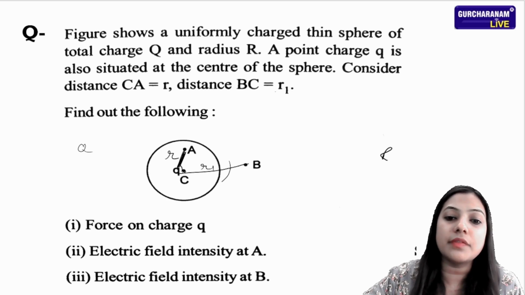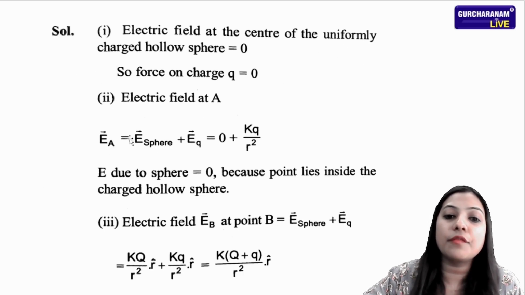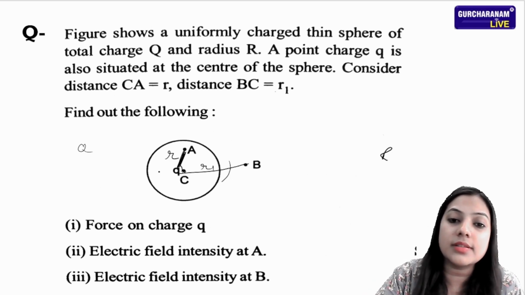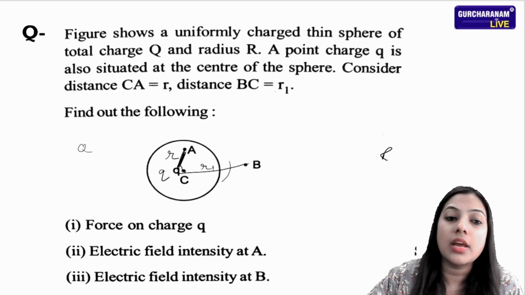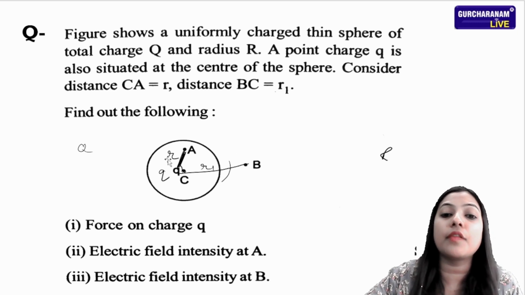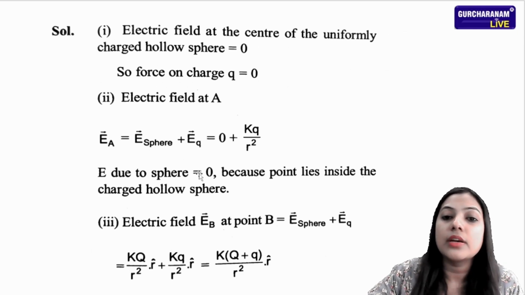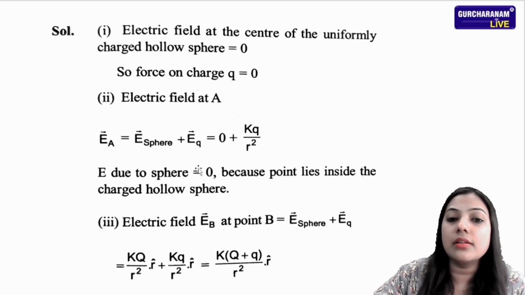To find the electric field intensity, we first need the electric field due to charge q, which is at the center, and then the electric field of the sphere. We know that the electric field of the sphere is 0.